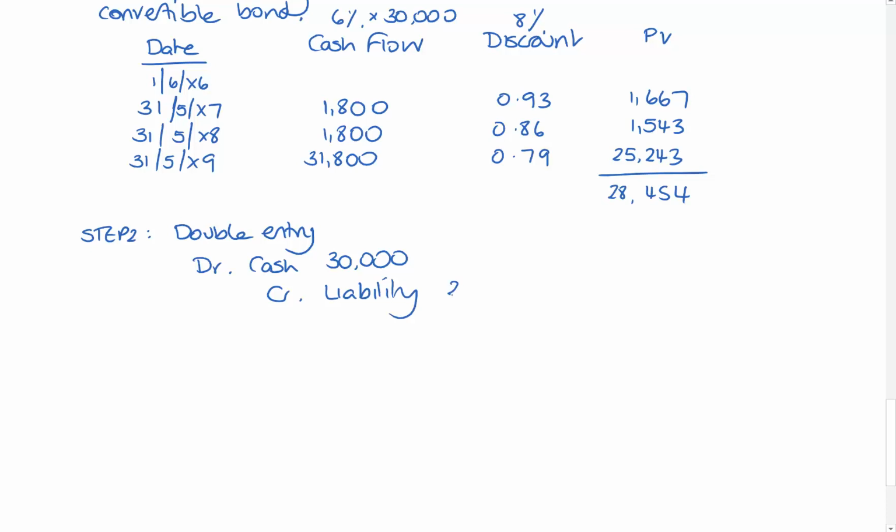Of which we have just said 28454 will be the liability. So we credit equity with the balancing figure, and that balancing figure works out as 1546. And that figure we would take to other reserves. Okay, so it is messy.